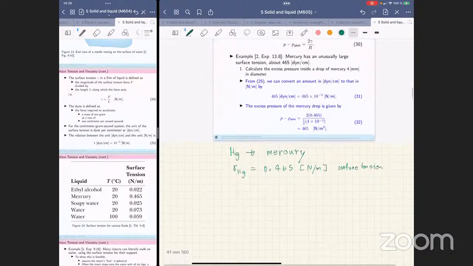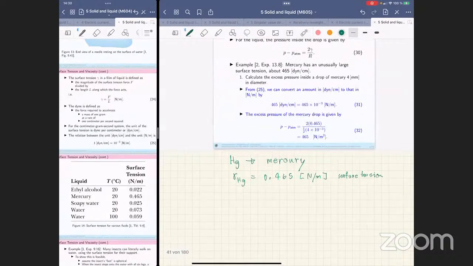So we have to draw the drop. Assume that the mercury drop has the shape of a sphere.